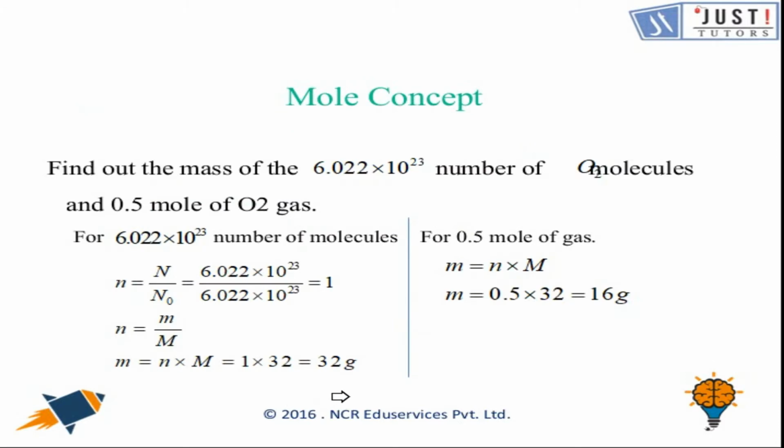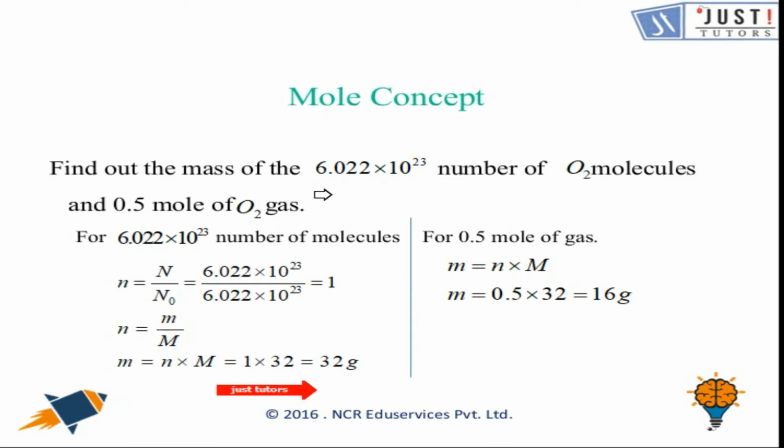Here we have one example in which we find out the mass of 6.022 times 10 to the power 23 oxygen molecules and 0.5 mole of oxygen gas. So the number of particles is 6.022 times 10 to the power 23.